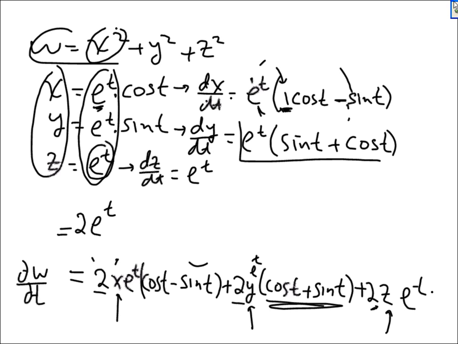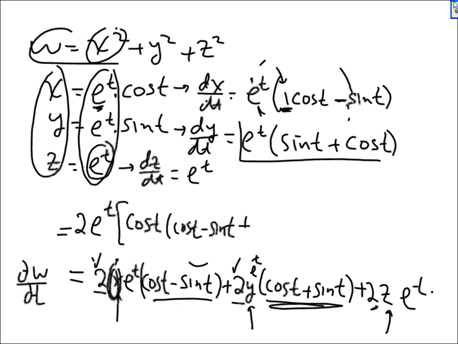So now I have x. I wrote down the 2, and I wrote down part of x. The rest of the x is cosine t times this, times cosine t minus sine t, plus, I factored out part of the y. I meant to say the 2. I factored out the e to the t.